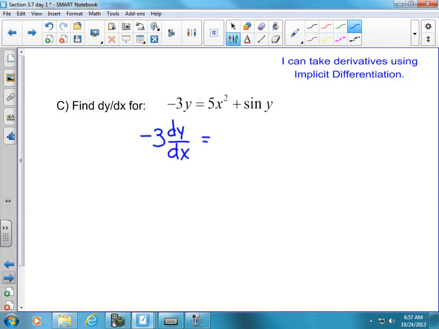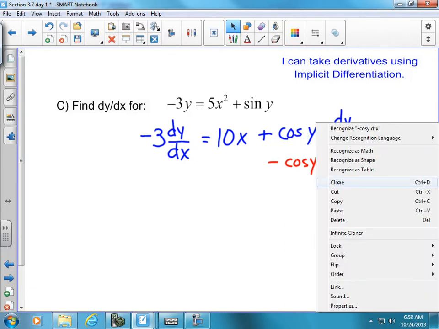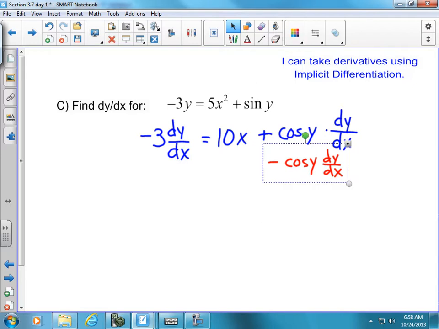All right, we're going to get good at this because we're going to practice it. This is 10x. And the derivative of sine is just a plain old cosine of y, but we always have to use the chain rule and multiply by dy/dx. To simplify this, we want to get dy/dx by itself. So subtract this cosine of y term from both sides.